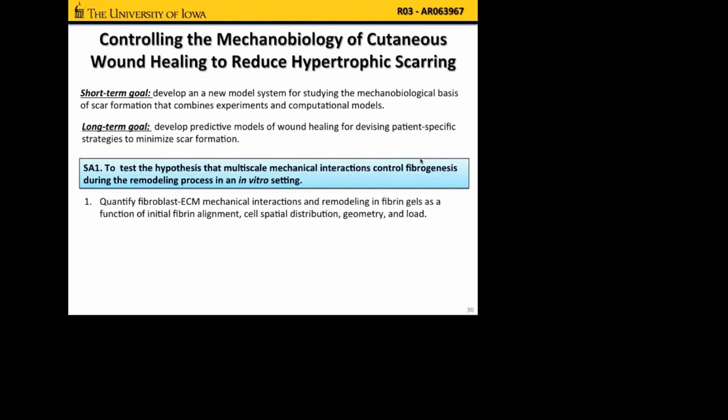And then once we've got that solidified, what we want to do is start perturbing the environment and seeing how the external loading environment can alter this process at more of a mechanistic level.